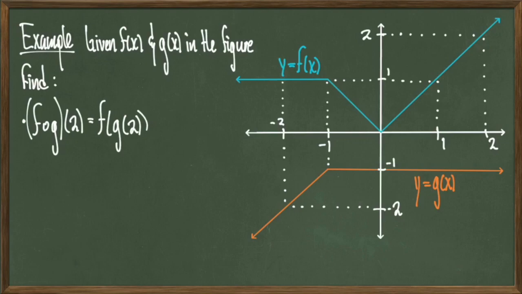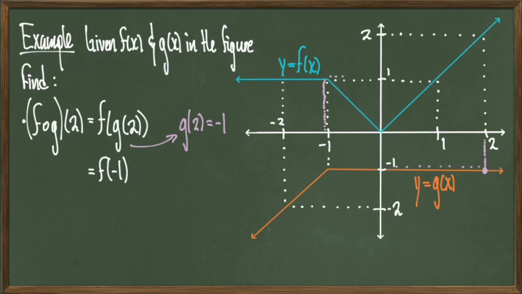First, I want to compute g of 2, and to do that, I find the 2 on the number line, and then find where the g function sends that value of 2. In our case, by following the orange line, we get an answer of -1, so now we'll be computing f of -1. And then following -1 on the number line and tracing it up to the blue curve, which is f of x, we find we get a final answer of 1.